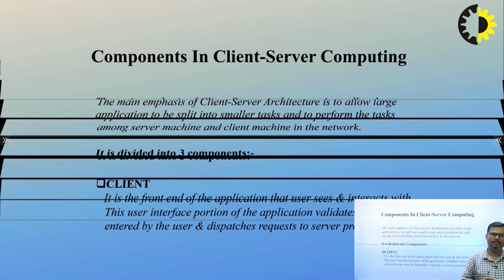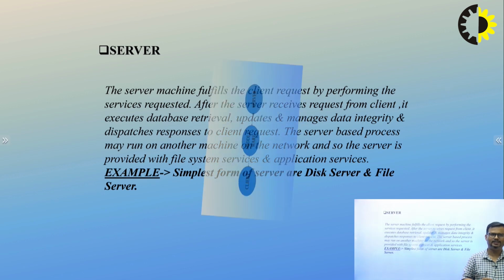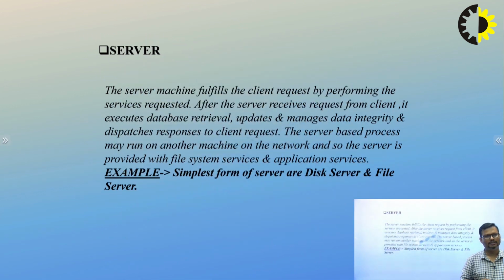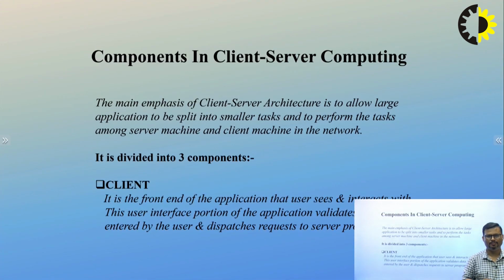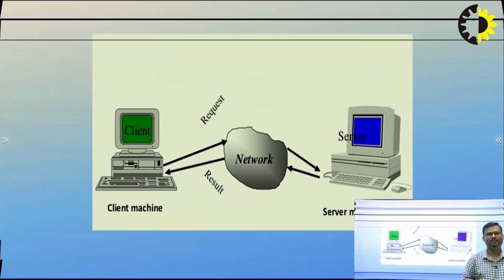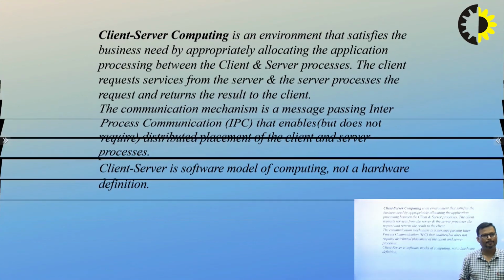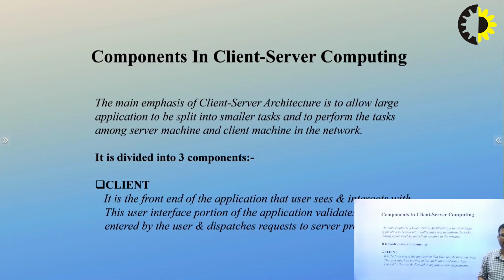First is the client, second is the server, and third is the middleware. I will repeat that: the first component is the client, the second component is the server, and the third component is the network, which is called middleware.